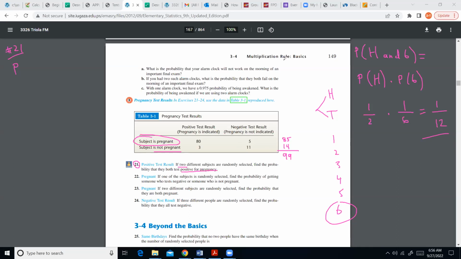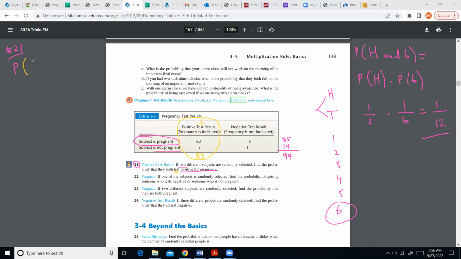And it turns out the positive for pregnancy is right here. So it's actually 83, right? I say, but they may not be pregnant. Well, the question is the test, so they care about the positive test result.